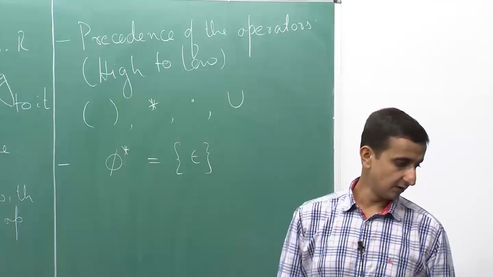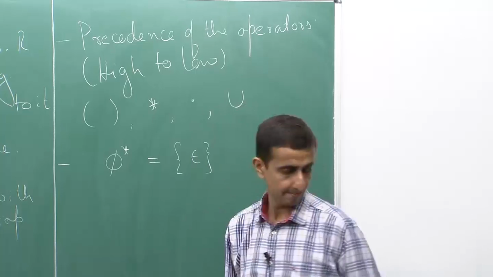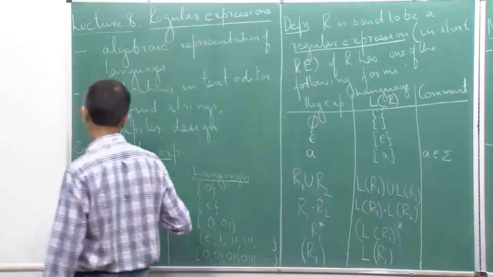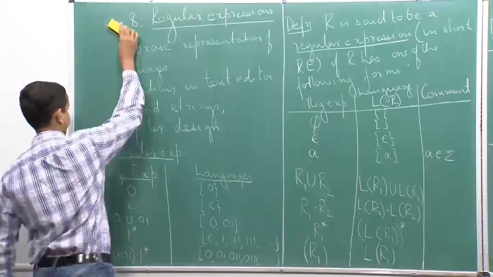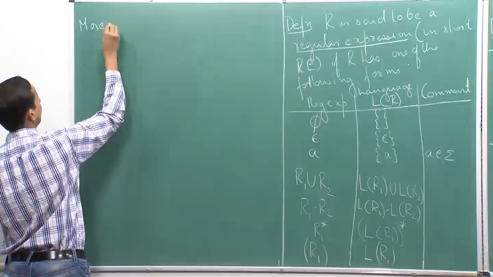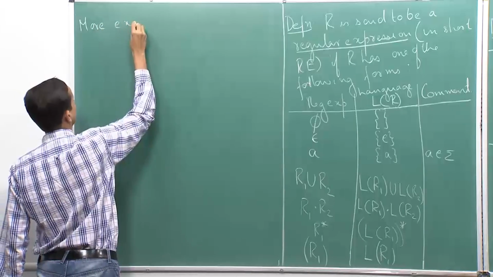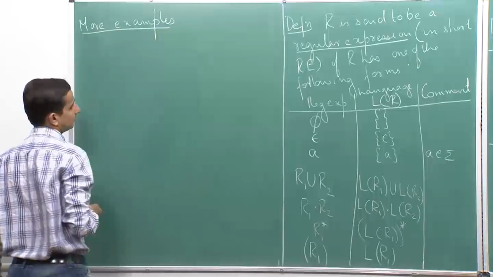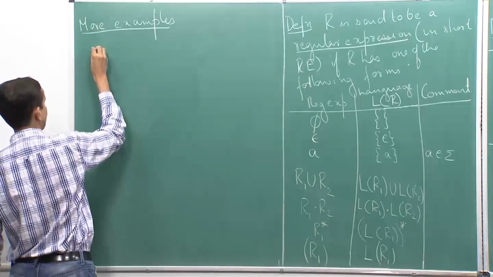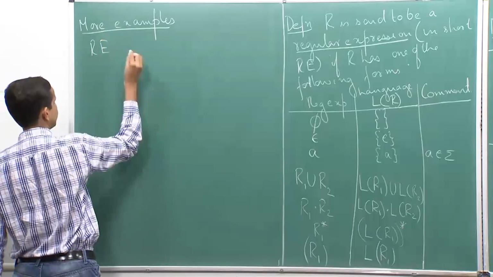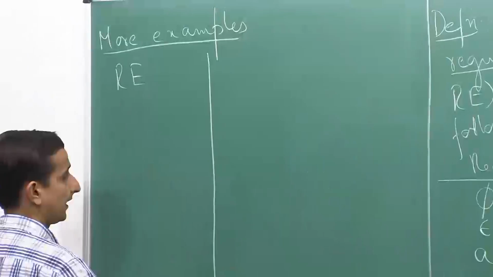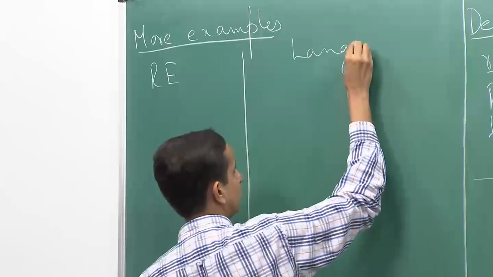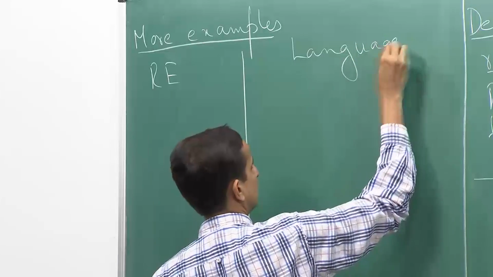Okay. So, now let us look at more examples. So, I will look at some more examples. We will have regular expressions on one side, and we will look at the corresponding language.